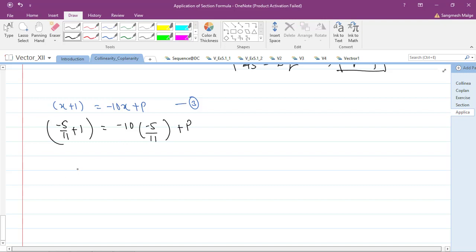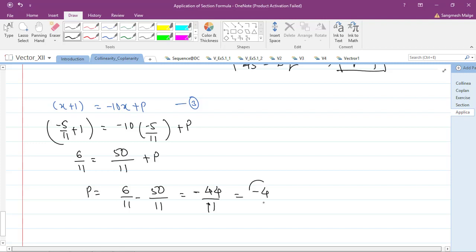So it is 6 by 11 equals to minus minus plus 50 by 11 plus p. So if I take p on this side, we'll have 6 by 11 minus 50 by 11, which is nothing but minus 44 by 11, which is equals to minus 4. So p is minus 4, that is the answer.